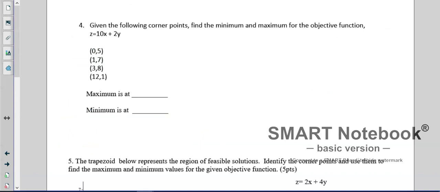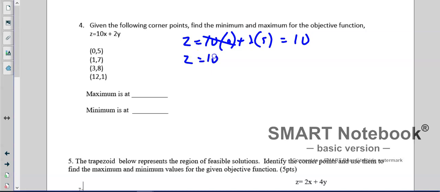All right, given the following corner points, find the minimum and maximum. So all you're doing is plugging each of these in. So on the first one, z equals 10 times 0 plus 2 times 5. So that's 0. 2 times 5 is 10. Okay, z equals 10 times 1 plus 2 times 7.